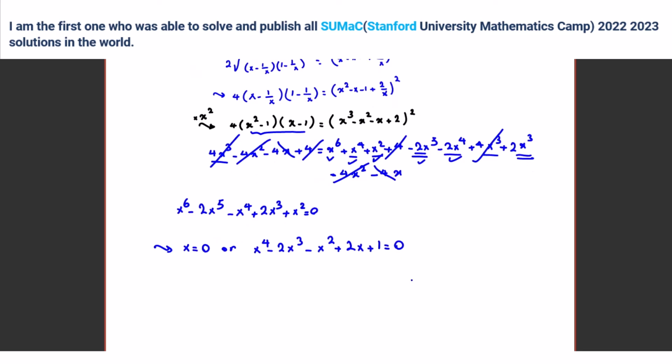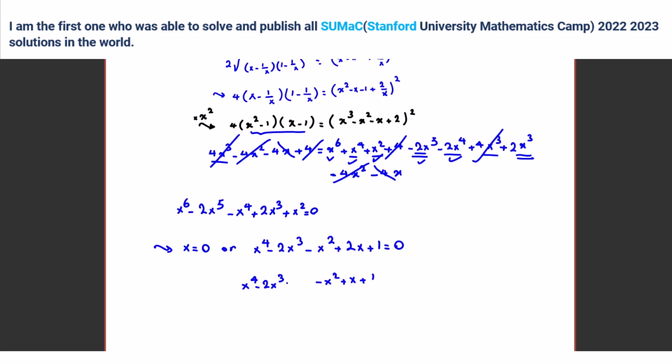Okay, here can we factor something? For example, look here, because we have 2. For example, minus x squared plus x plus 1. Then x to the 4 minus 2x cubed.